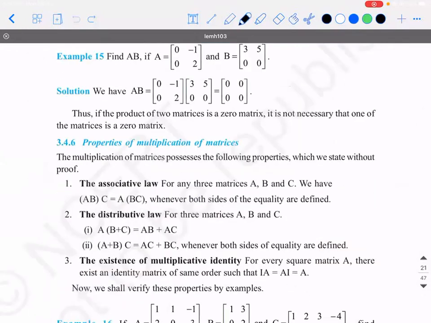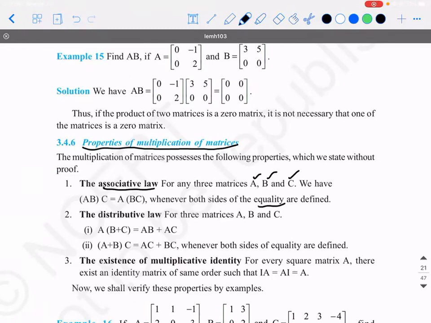Next, we'll start with the properties of multiplication of matrices. One is the associative law. If three matrices A, B, C are given, then if you multiply AB first and then multiply that with C, or multiply A with the product of B and C, they are equal, provided they satisfy the condition of multiplication of matrices.